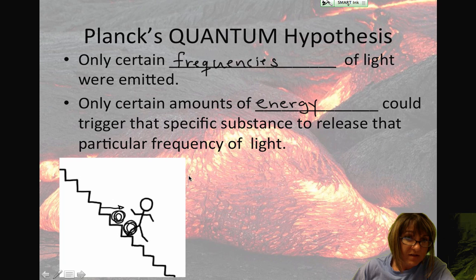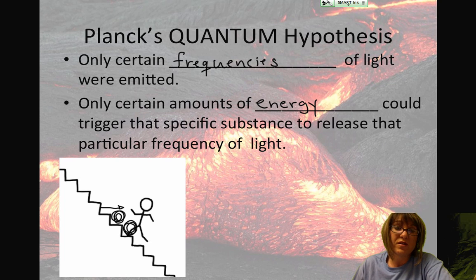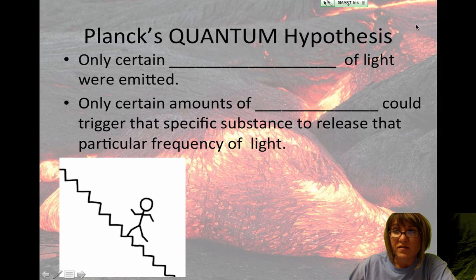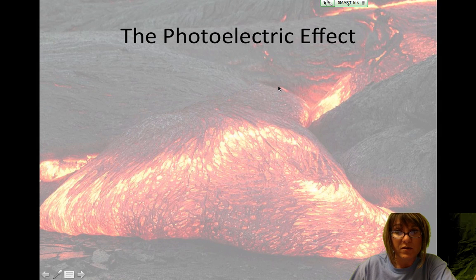There is no 6.5 step. You can have one foot on 6 and one foot on 7, but you can't actually stand on 6.5. You're either on 6 or you're on 7 or you're on 5, but you're never anywhere in between. And that's what quantum theory says the electrons around atoms do.